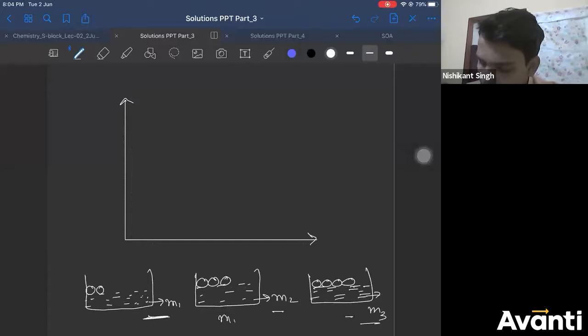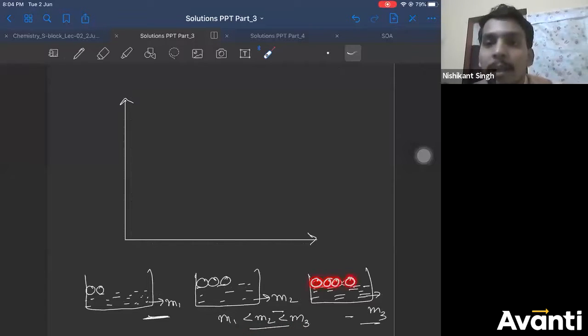That M1 is less than M2 is less than M3. Correct? When I say my molality of solution is increasing, that means my non-volatile solute is increasing. And if my non-volatile solute is increasing, will my solution be able to form vapor easily? No. So your non-volatile solute decreases the vapor pressure.